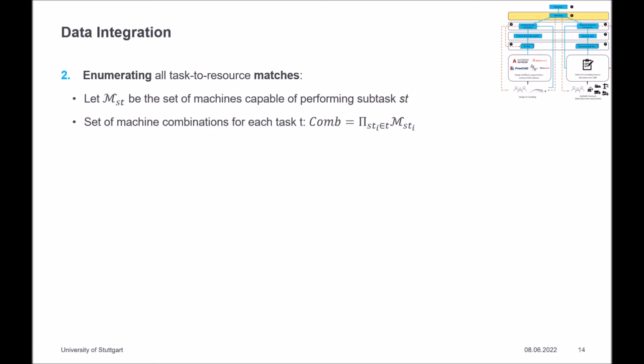Sometimes we have several machines assigned to implicit subtasks, so one complete task might require several machines. If several resources are able to perform a specific subtask, we end up with several possible machine combinations.